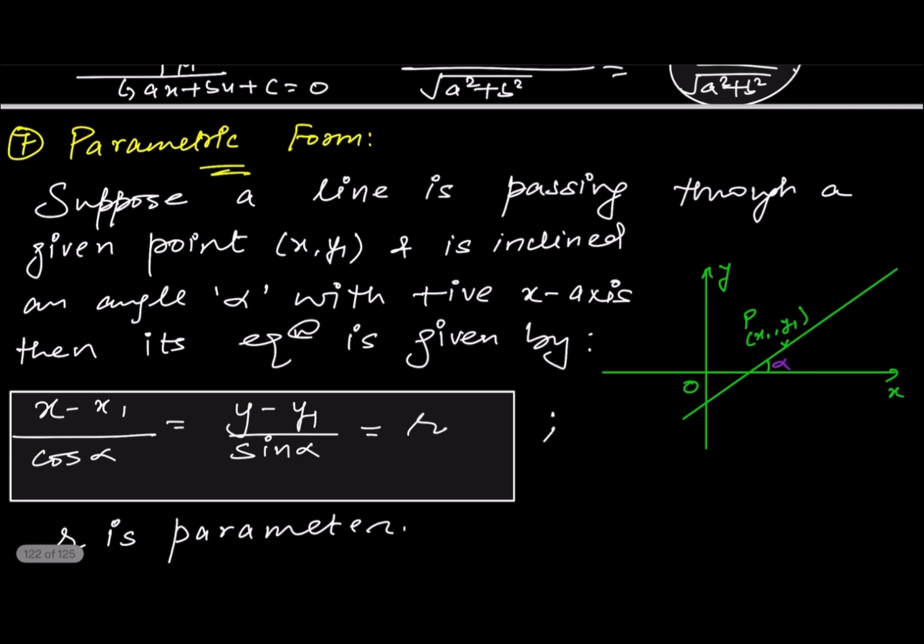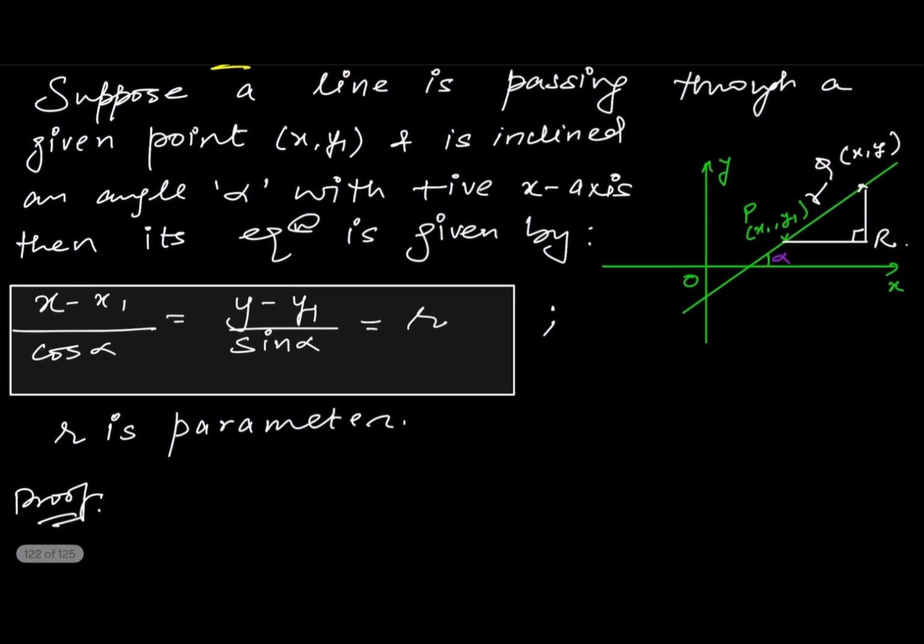So let's say any general point Q(x, y) at a distance r from P. Now complete a triangle PQR where R is a right angle. Now from the figure, if this angle is alpha, then angle QPR is also alpha.